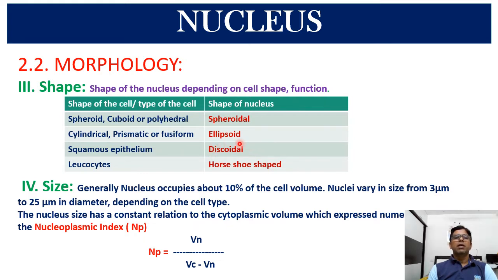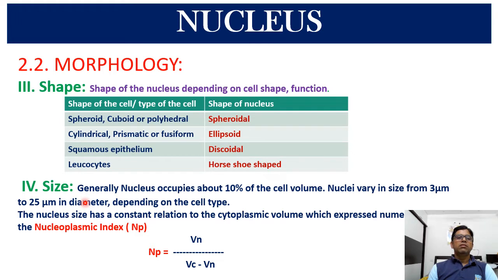Leukocytes, the white blood cells, possess horseshoe-shaped nuclei. In this way, different shaped cells possess different shaped nuclei. The shape of the nucleus mainly depends on the shape of the cell.